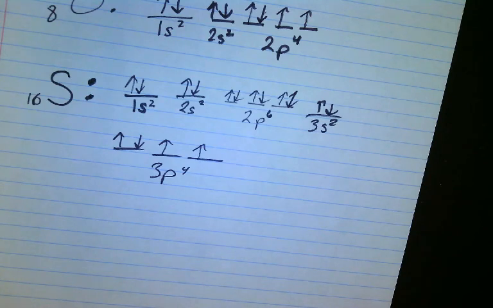So make sure you have your little thing out. I can check it. Yep, you go to 3d. So after 4s, you go to 3d. So what happens if you go past this?